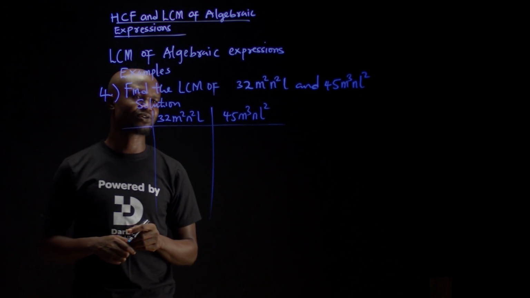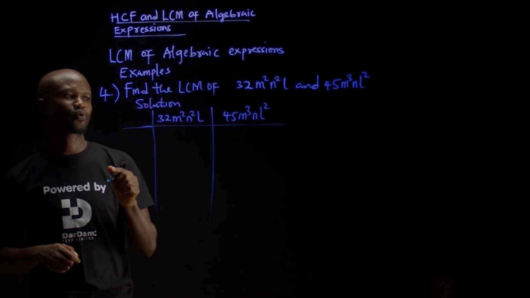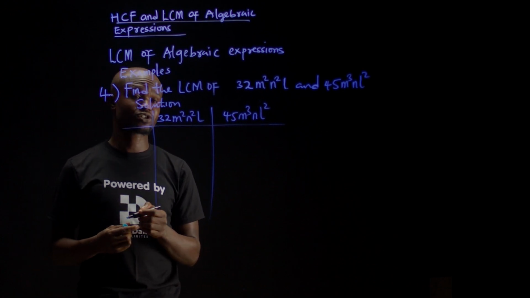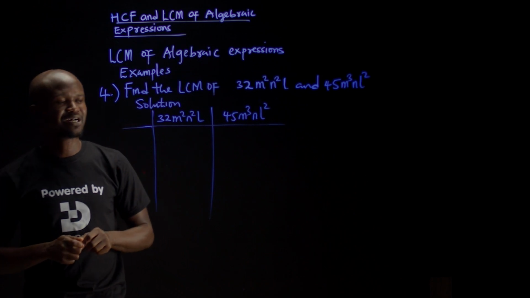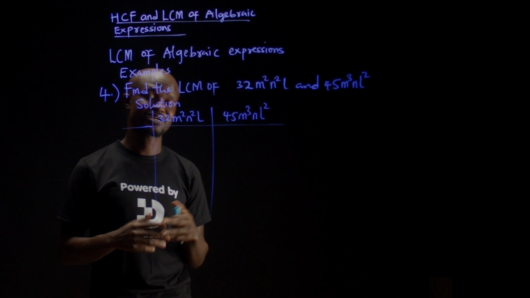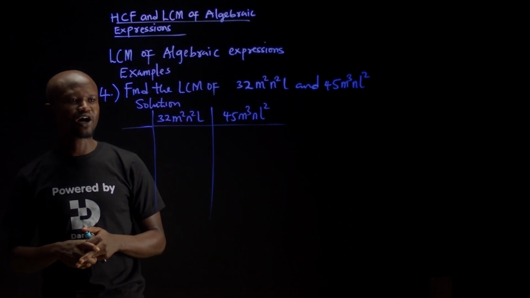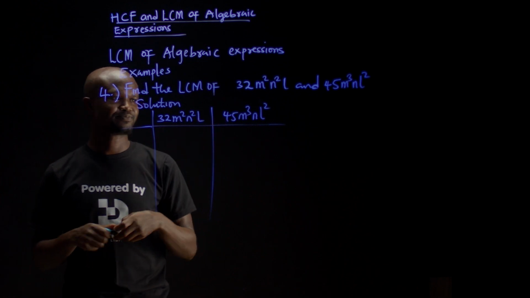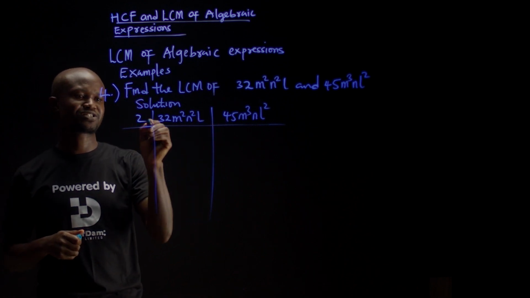Let's look at the number we are going to start with. We can start with 2 because we have 32 here. But one thing about LCM and HCF is this: we are going to exhaust everything. Let's use 2 first.